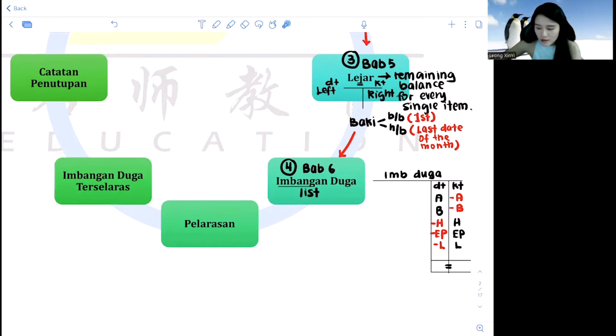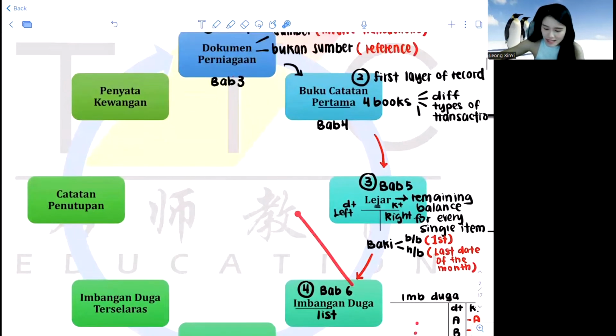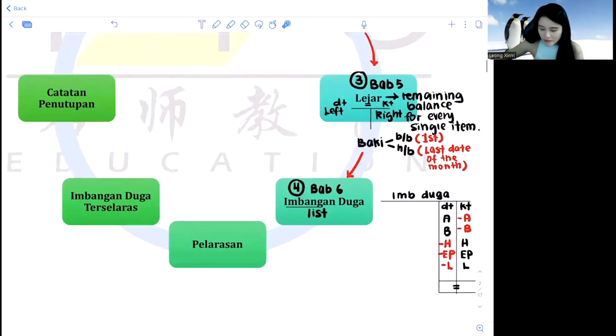But instead, if I look into imbangan duga, isn't it I can just see 29 right there and I can take the number directly. So imbangan duga, this list is meant to help you, first thing, check whether you position your item at the correct position. Second is to ease you whenever it comes to the last stage, which is when you need to prepare your report. Okay, yeah? So imbangan duga.